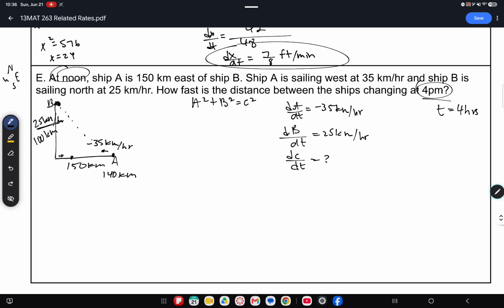Okay. So now we want to find the distance. This isn't necessarily making a right triangle here.